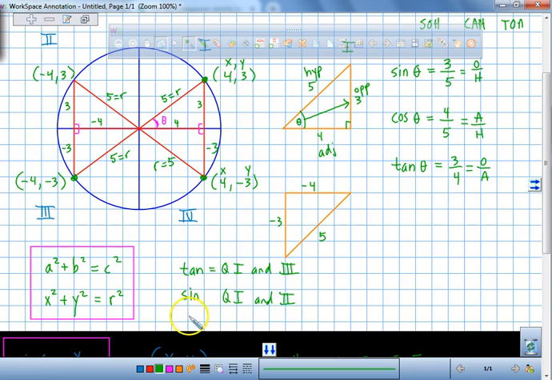Oh, I also got to say 3 and 4. The sines will match in 3 and 4. And cosines will match in 1 and 4, and they will also match in 2 and 3.